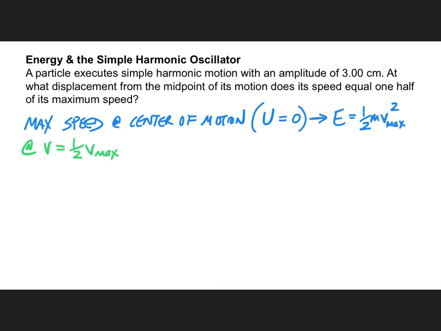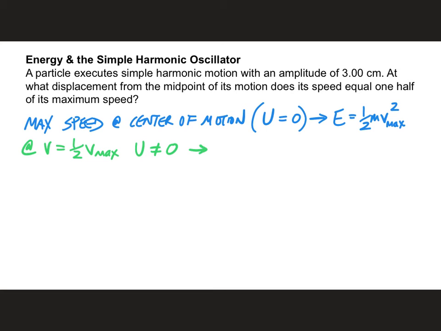I have an equation that deals with the maximum speed. Now I need to somehow relate that to our focal point. All right? And potential energy at that spot isn't 0. It can't be 0 because there's only one spot where potential's 0, and that's at the max speed.